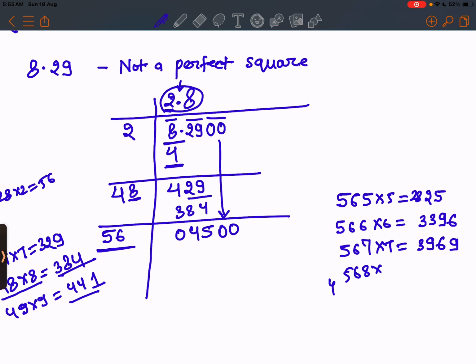568 into 8, 8 8 ja 64, 4 carry, 8 6 ja 48 plus 6 is 54, 8 5 ja 40 plus 5 is 45, 4544. That is just greater than 4500, so we will not consider this, and we will consider this.